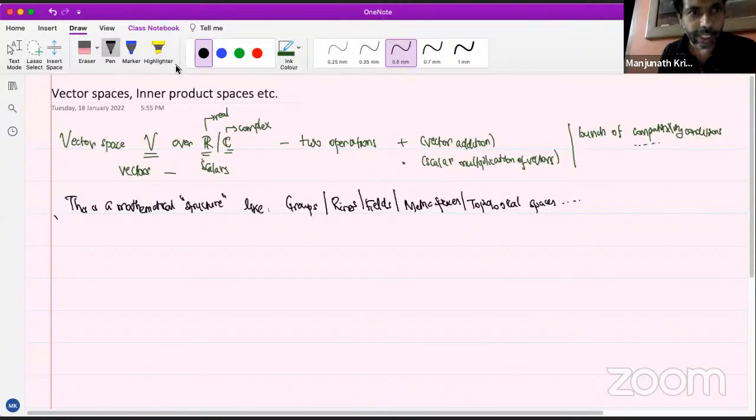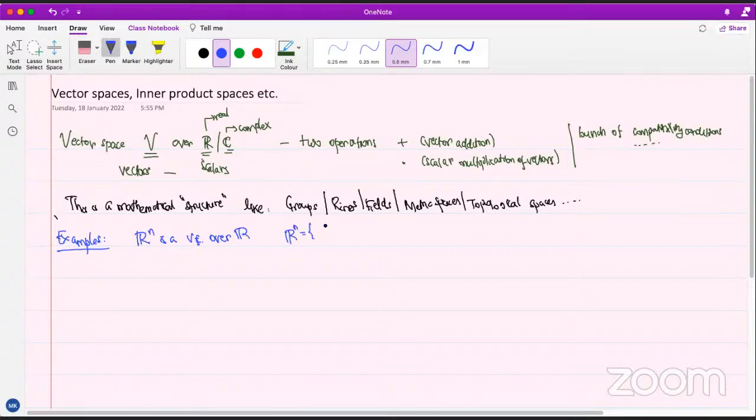Rather than say it in the abstract, let me give some examples. First, let's start with some examples. Actually, prime examples are R^n, a vector space over R, of tuples of numbers, which usually I will write as column vectors.